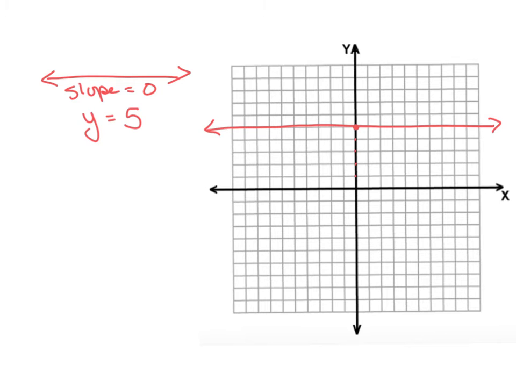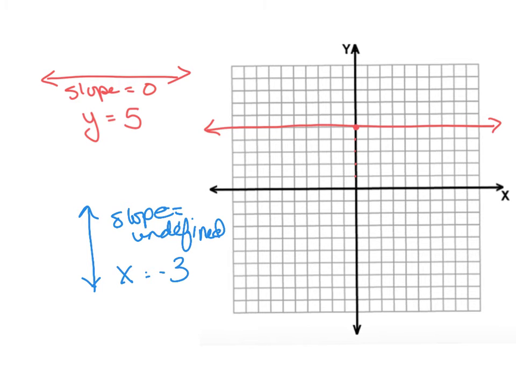So then for a vertical line that has a slope of undefined, that starts with an x. X equals, we'll say -3. So we go over on our x-axis, we go to -3, and we draw a vertical line, sorry. Not a horizontal, a vertical line. You are going to have a couple of these in your practice problems, so please be careful.